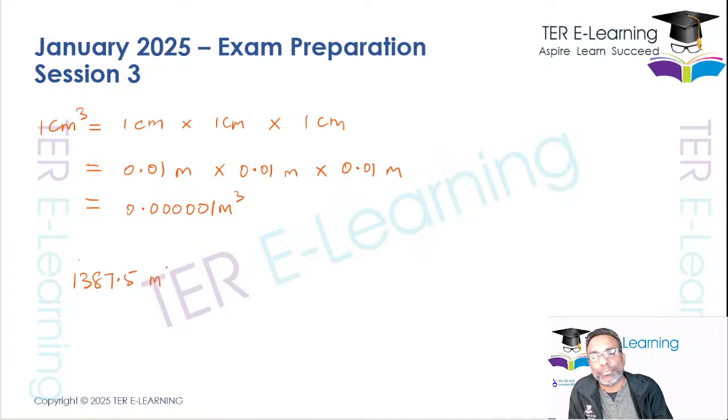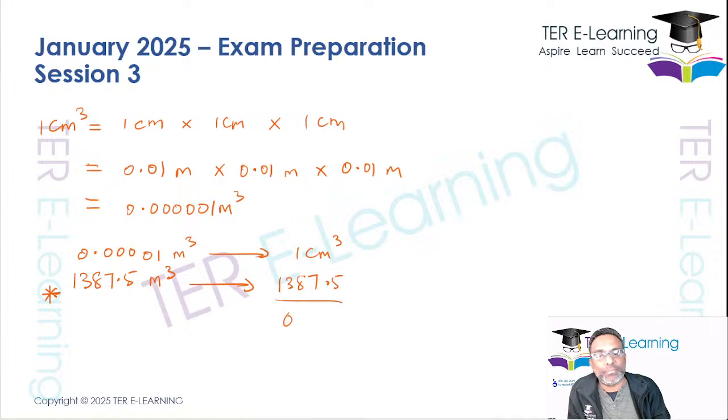Now the pool has a volume of 1387.5 meter cube. So based on this conversion, 0.000001 meter cube is actually 1 cm cube. If I want to convert meter cube into cm cube, all you're going to do is take 1387.5 and divide by this number here.